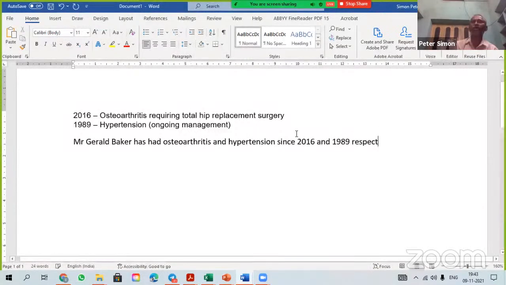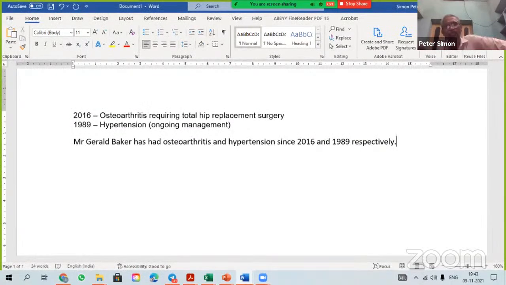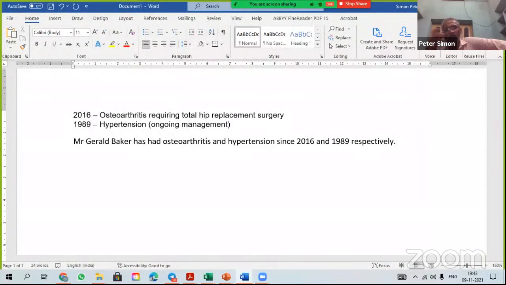Now here order is important. Which one is first and which one is next, you have to see. Hypertension from 1989 and osteoarthritis 2016. Both are there here, so try to find out the order. Osteoarthritis is first, hypertension is next.